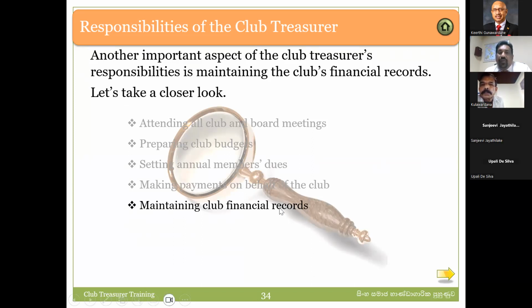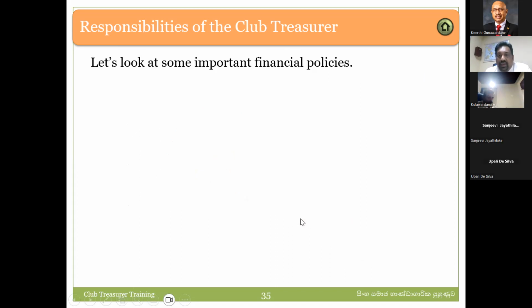Maintaining all club financial records is a responsibility of the treasurer. So all vouchers should be maintained and bills should be filed, and also please try to issue a receipt for all the payments you are collecting, especially for membership fees, for the project, and if you collect any sponsorship from any corporate. So try to maintain the receipt book also, issuing the receipts.